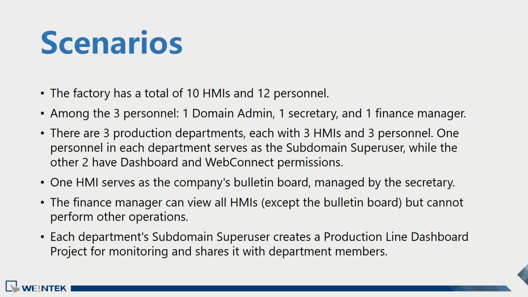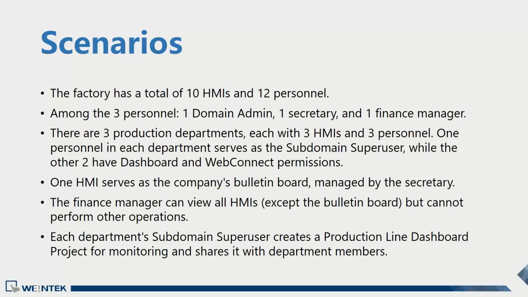There are 3 production departments, each with 3 HMIs and 3 personnel. One personnel in each department serves as a subdomain super user, while the other 2 have dashboard and WebConnect permissions. One HMI serves as the company's bulletin board, managed by the secretary.